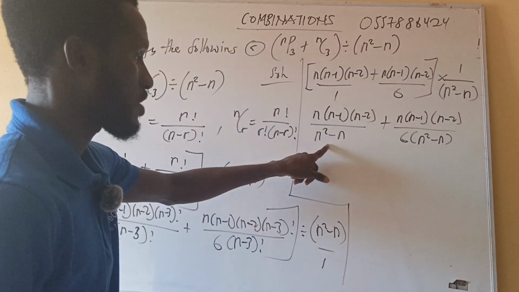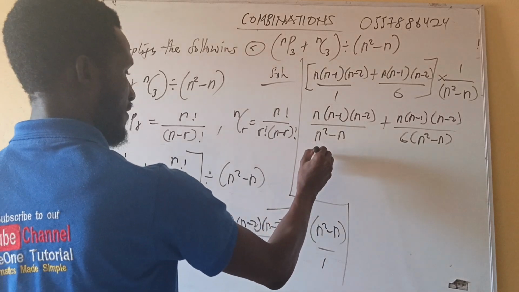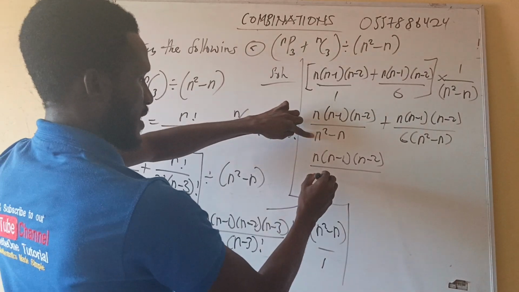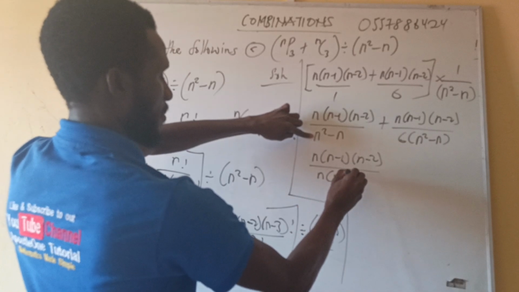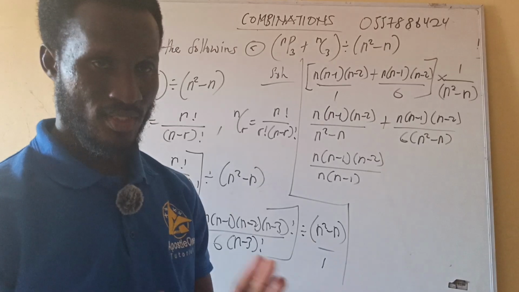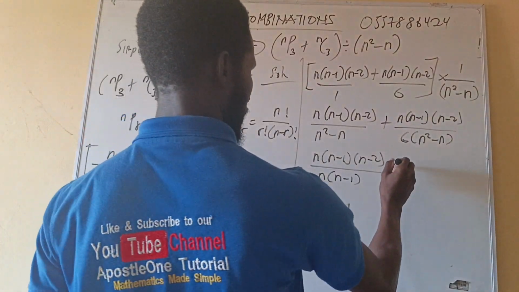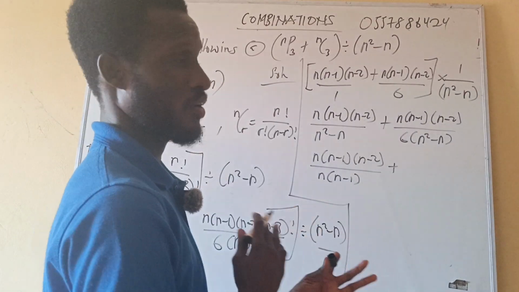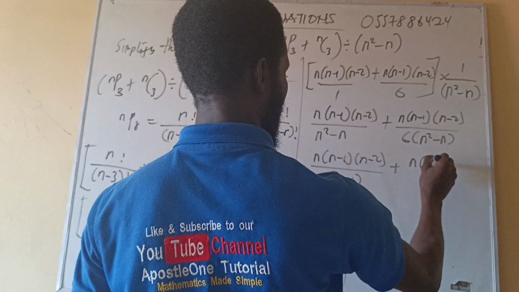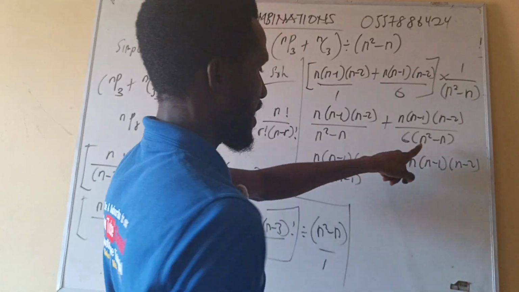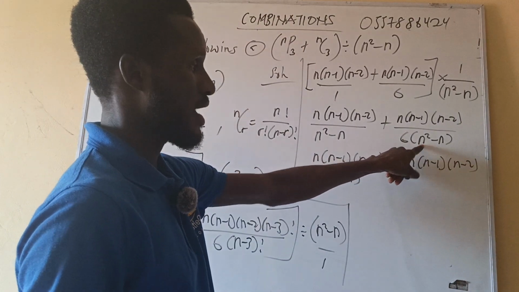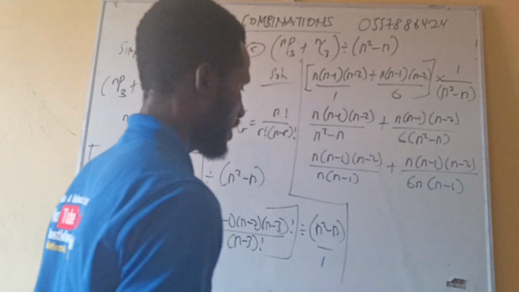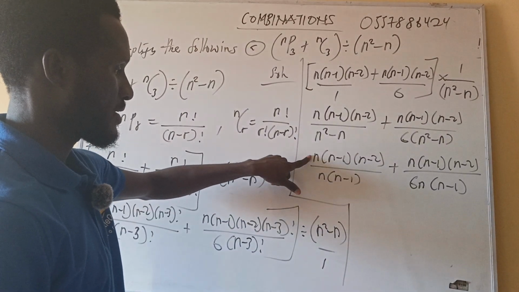Now, at this particular point, let me try to factorize. I'm going to have n times n minus 1 times n minus 2, and factorizing n squared minus n gives n times n minus 1. You just have to open your mind; we don't have one way of solving this question. Plus n times n minus 1 times n minus 2 over 6 times n times n minus 1.